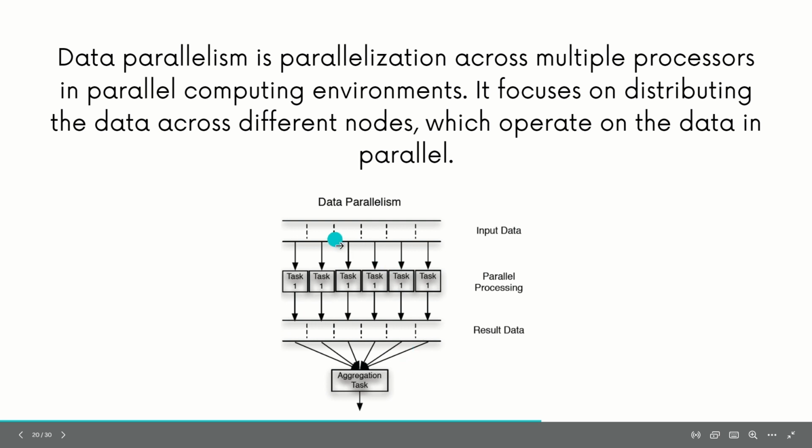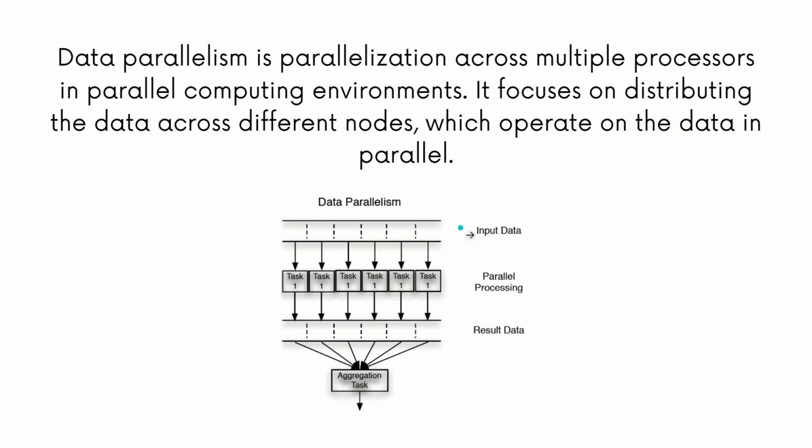So you have huge data, you separate it into components, you process them simultaneously side by side, and at the final result time you just aggregate all the results. It focuses on distributing the data across different nodes which operate on the data in parallel.